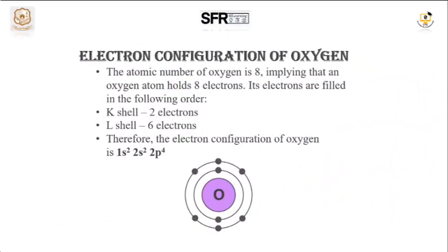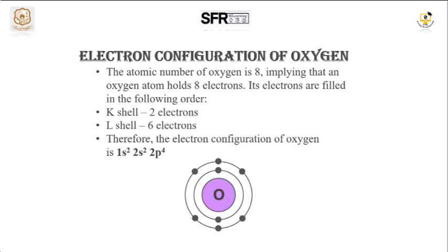Let us take another example, the electronic configuration of oxygen. Oxygen's atomic number is 8. So, we have to fill up 8 electrons in the available orbitals. First, the 1s orbital will be filled with 2 electrons. Similarly, the 2s orbital could also be filled with 2 electrons. After filling these 4 electrons, the remaining 4 electrons have to be filled in the 2p orbitals.